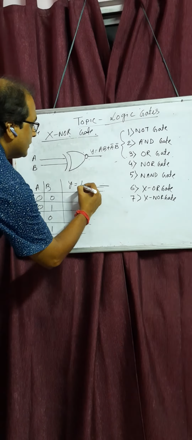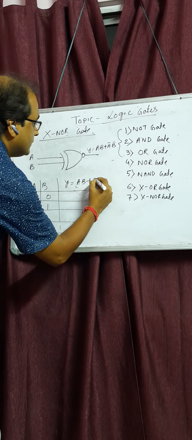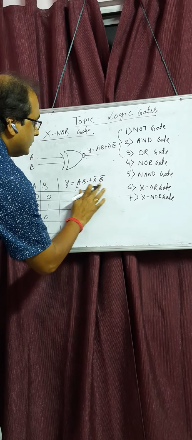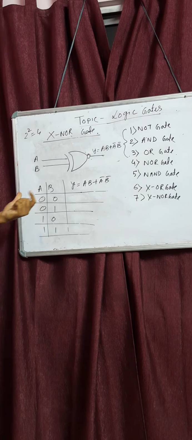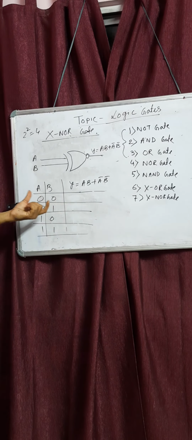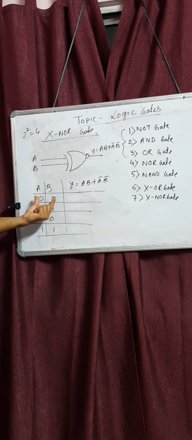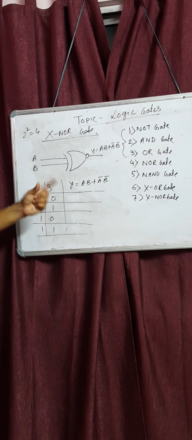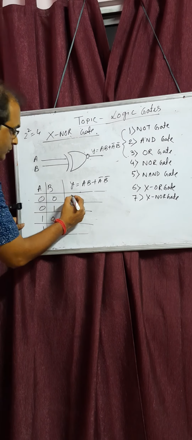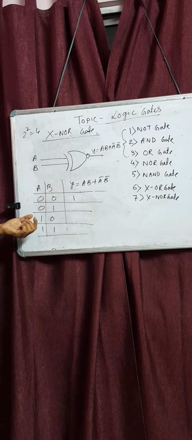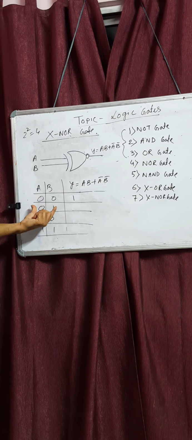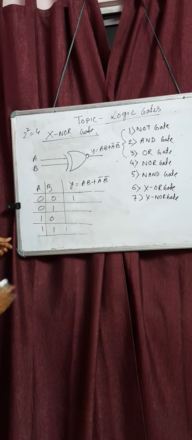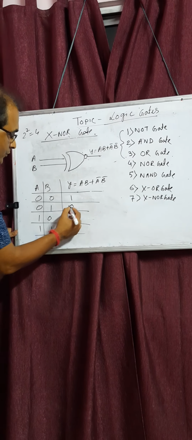Now we see that first we write this expression over here. In case of XNOR gate, when both the inputs are 0 0, at that time output will be high. When both inputs are different, that is 0 and 1, at that time output will be 0.